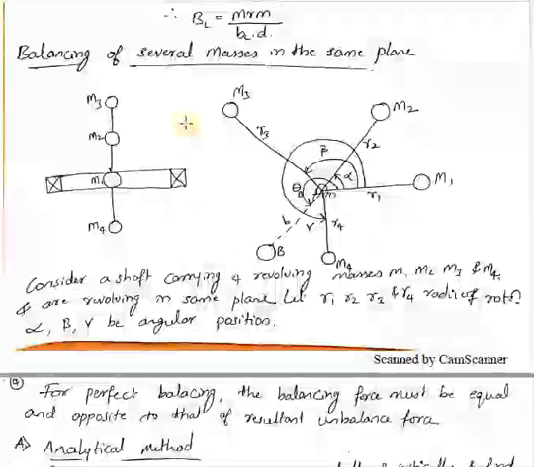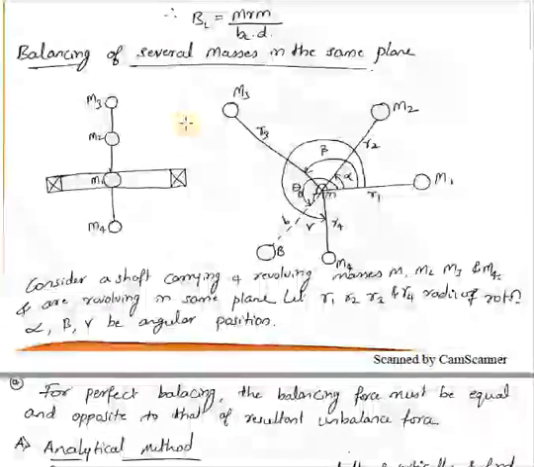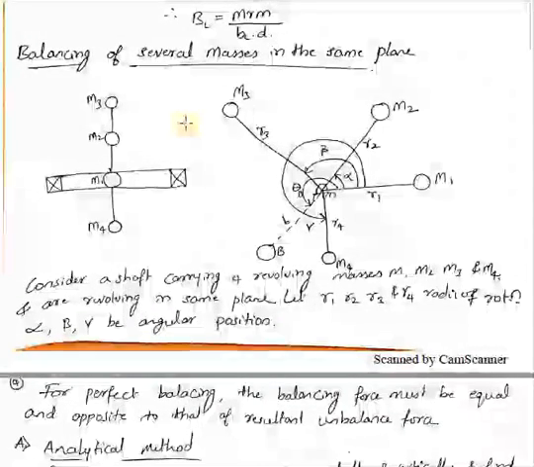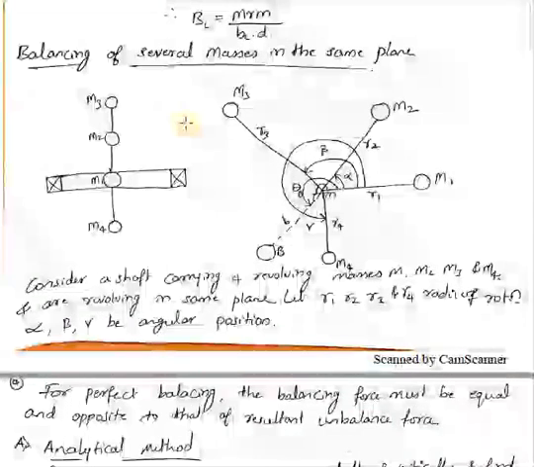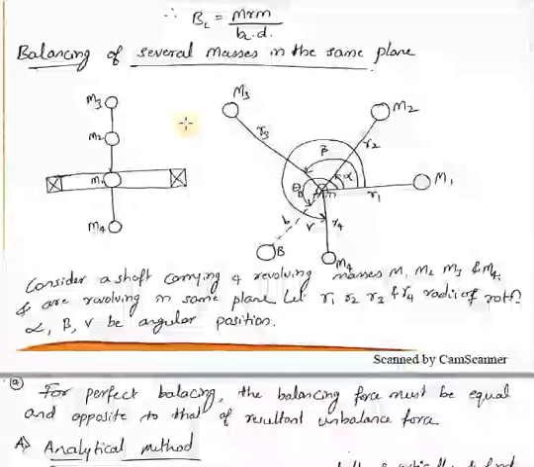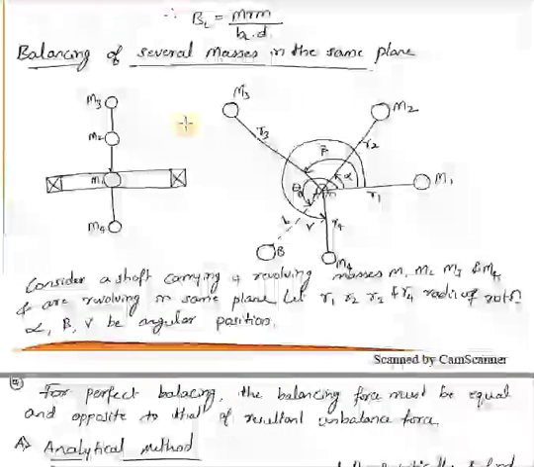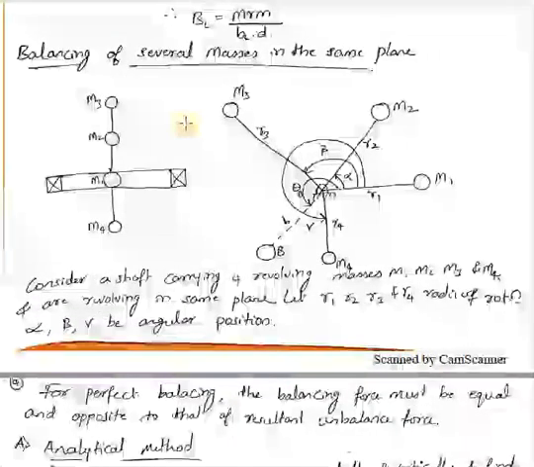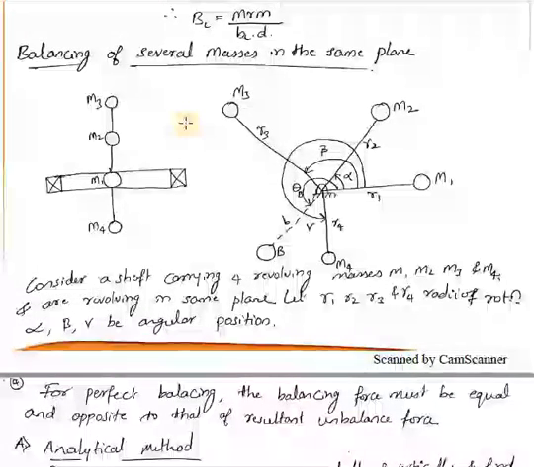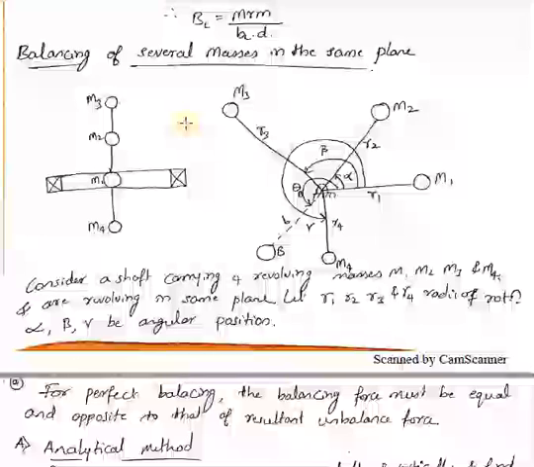Let alpha, beta, gamma be the angular position of the masses m2, m3, m4 from m1 respectively, and they are measured in the same sense, that is, in the same direction. For perfect balancing, the balancing force must be equal and opposite to the resultant unbalanced force.